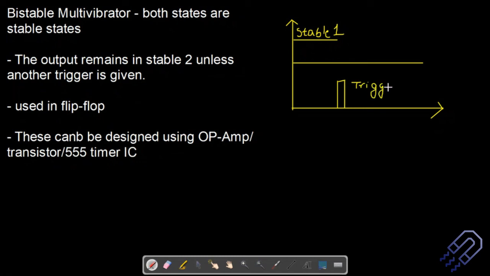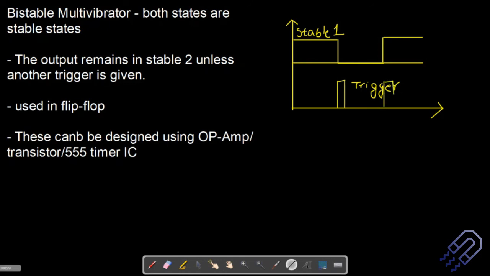What will happen is I will trigger this, and as soon as I trigger this, it is going to be in the second stable state. So we have stable 2, and then I can apply one more trigger. It will go back to stable 1. So that is what the multivibrator is all about. Here I will apply one more trigger.